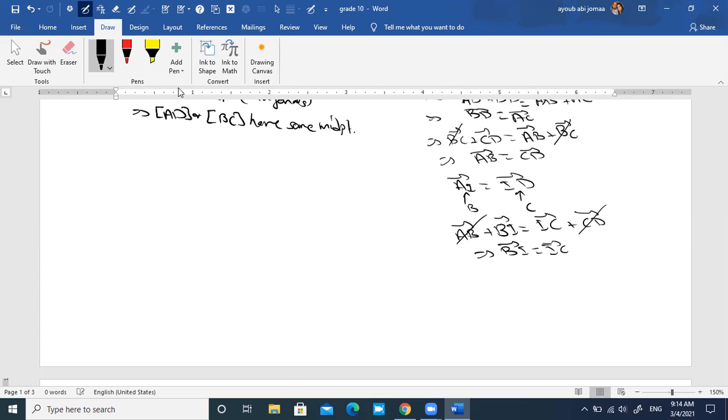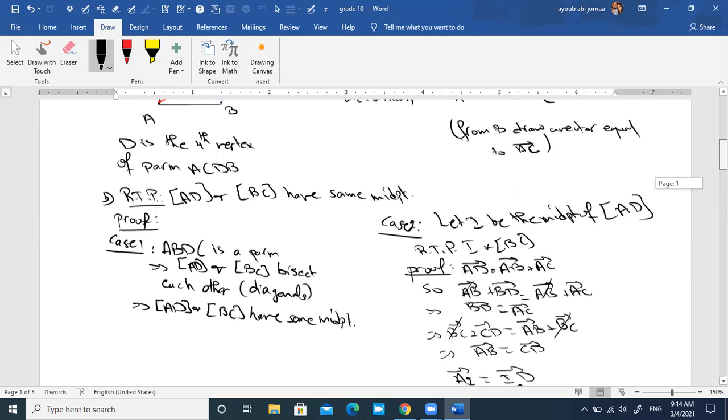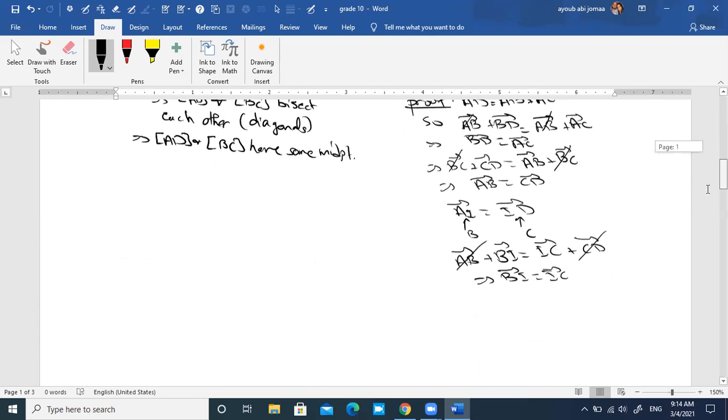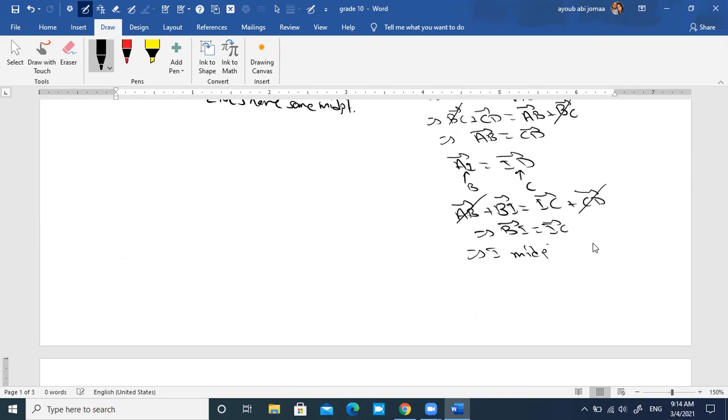So here you have proved that in this figure, BI is equal to IC, then I is the midpoint of BC. Okay, nice way.